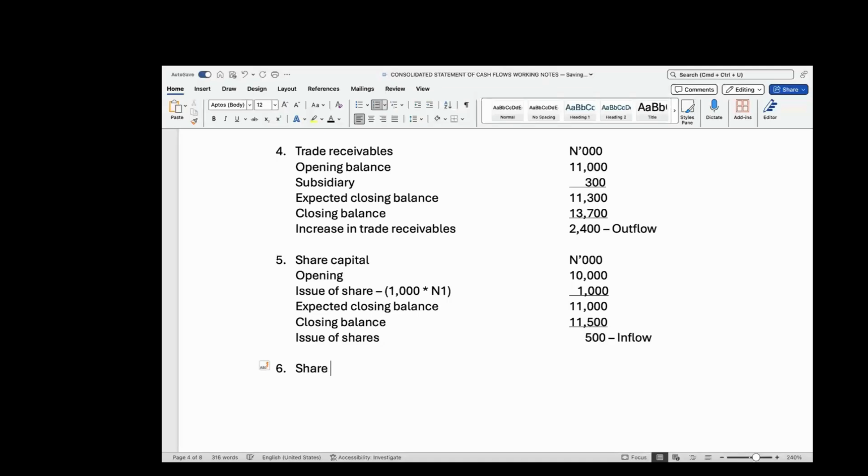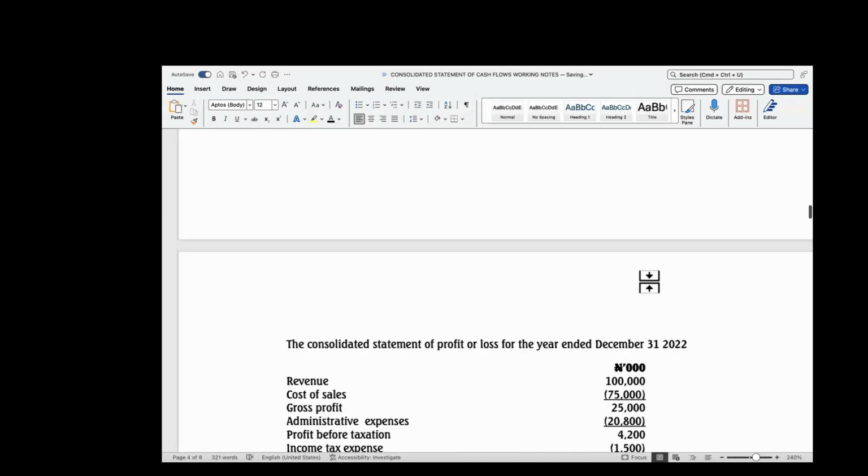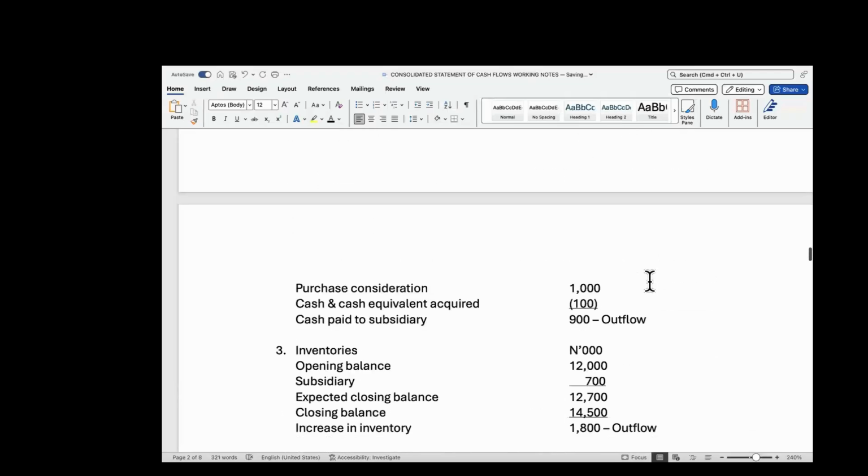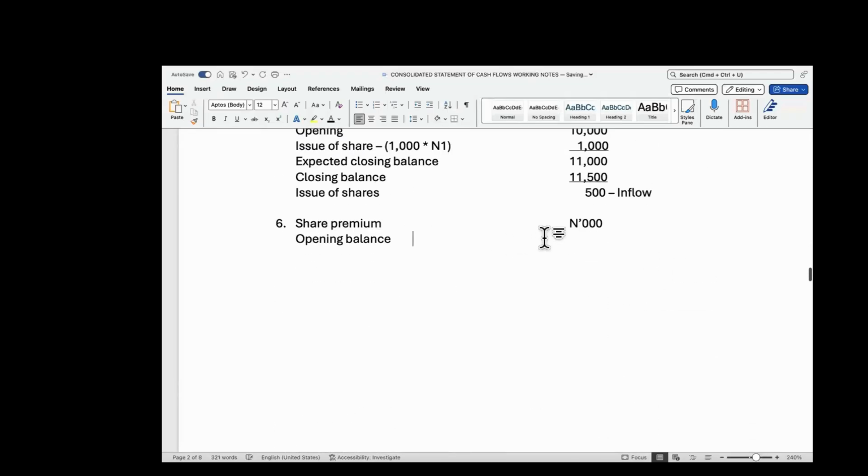So these movements are very important. Otherwise, you will not have seen that. So the share premium, what's the opening balance of the share premium? 5,000. Issue of shares, how much?